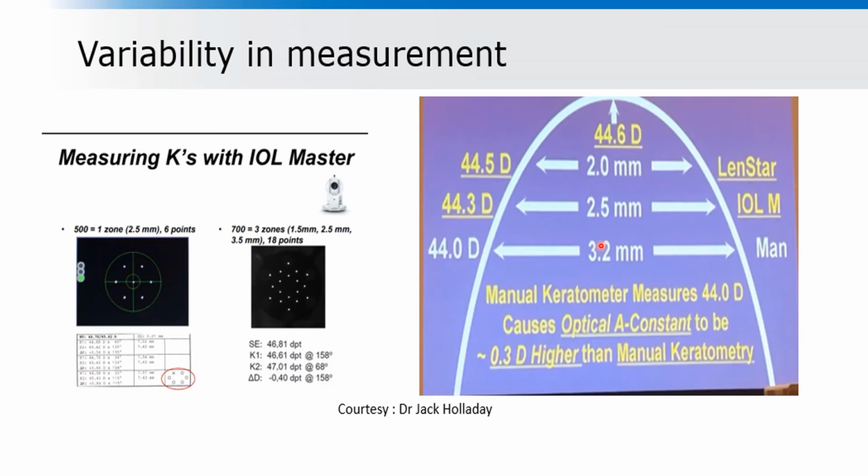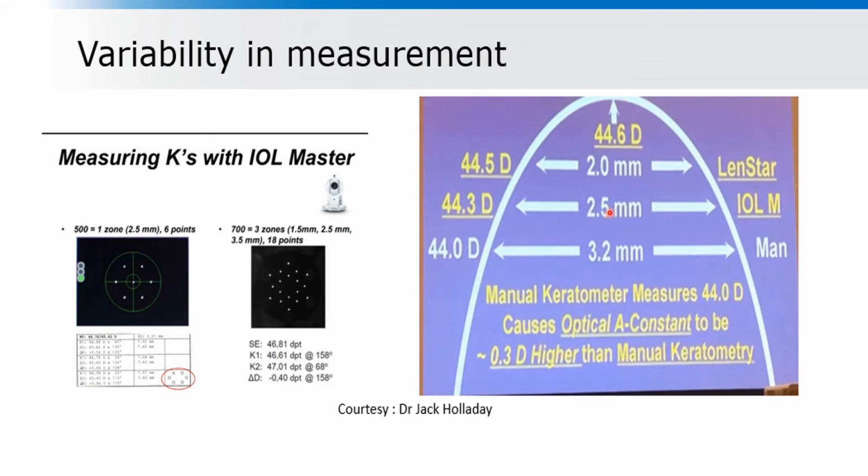With optical biometry, we are measuring closer towards the corneal vertex. As we measure smaller rings of the cornea, closer to the corneal vertex, chances are that we will end up with steeper values of the same cornea, because now we are measuring towards the center of the cornea, which is more prolate and therefore steeper in shape, right?